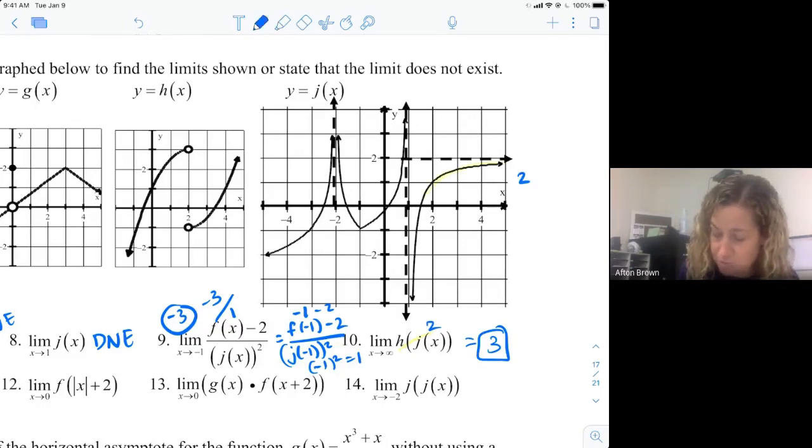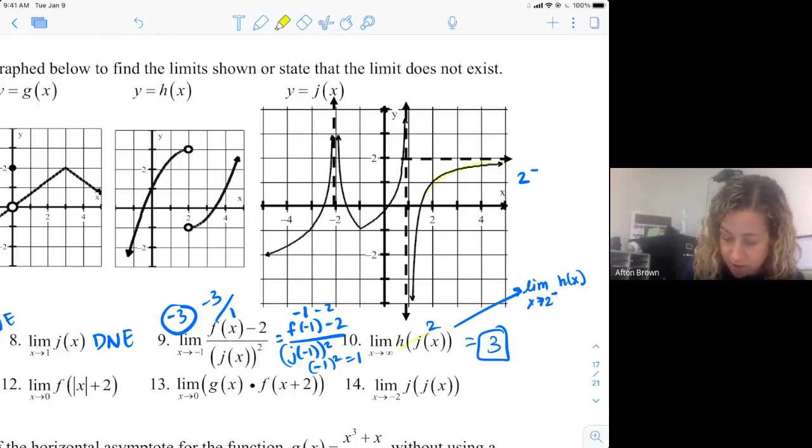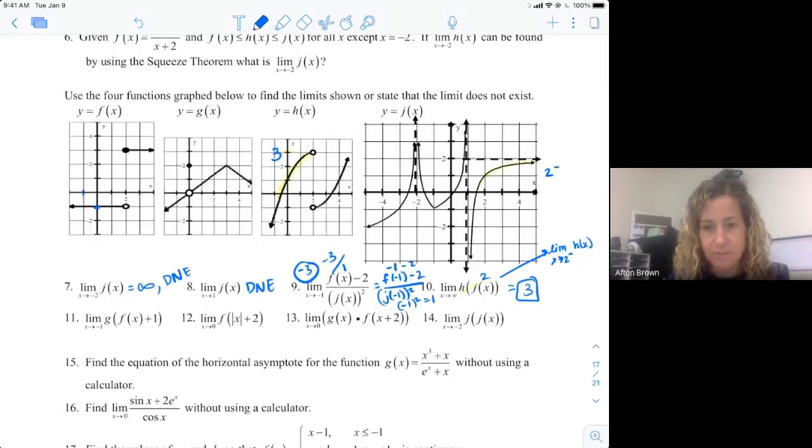So this really becomes the limit as x approaches 2 from the negative side of h of x. We're approaching in this direction, which is why we get the value of 3. So yeah, we did have to consider which piece we were on. Okay, that makes more sense. Good question. Thanks for asking that. I went too quick on that.